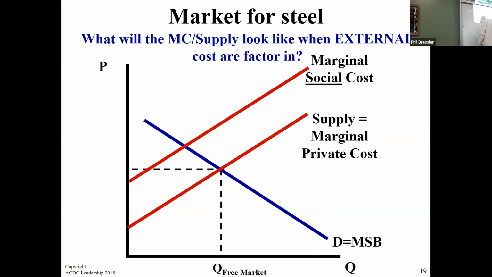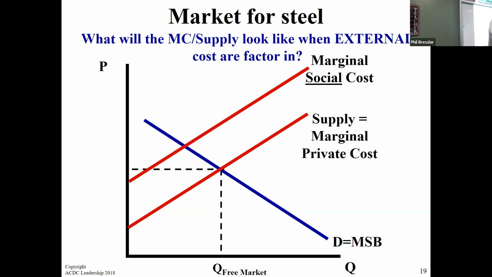This is the market, right? This is optimal. Yes, they produce more, right? The market produces more than optimal.